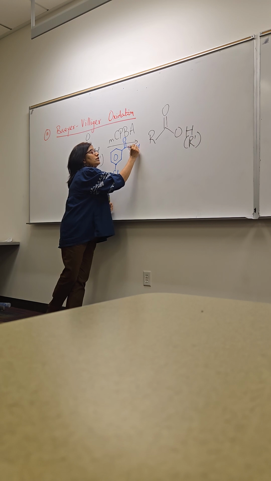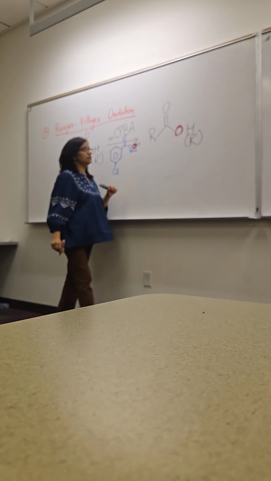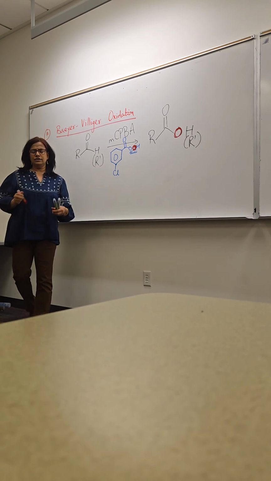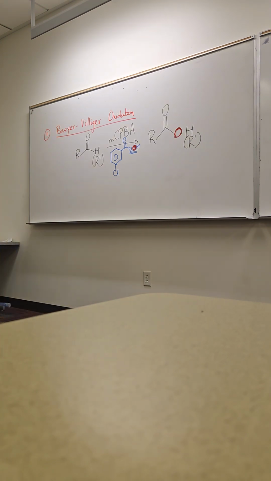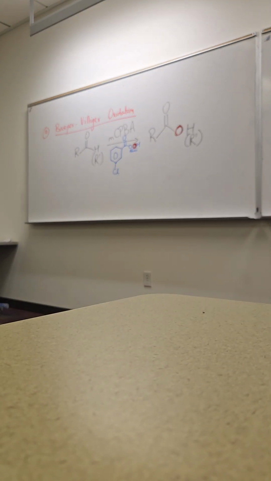One of the oxygens from there is inserted right here to either convert an aldehyde into a carboxylic acid or a ketone into an ester directly. Let me give you examples and then I'll add a little more detail. No mechanism needed.